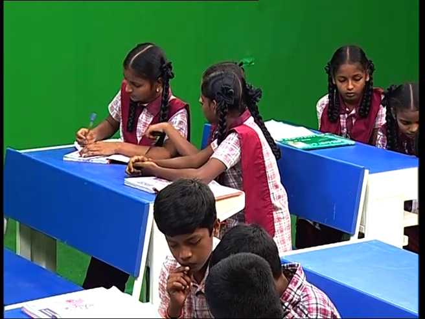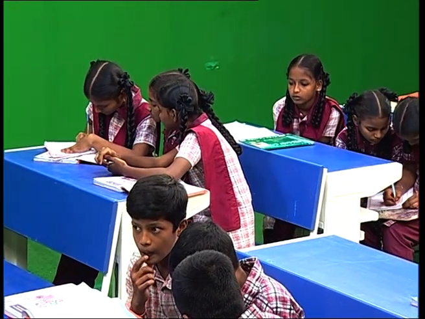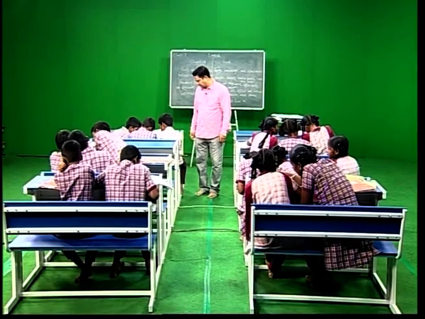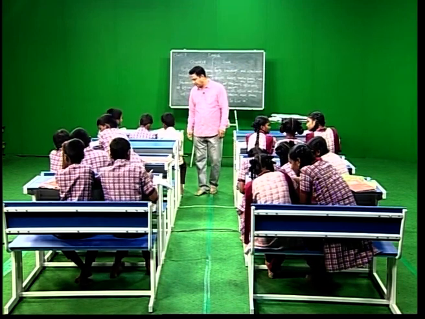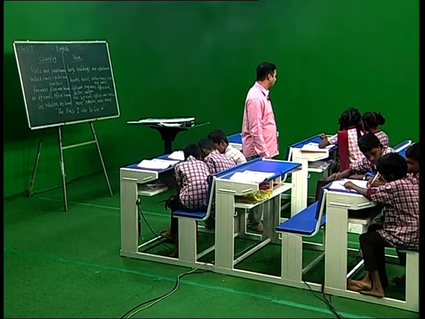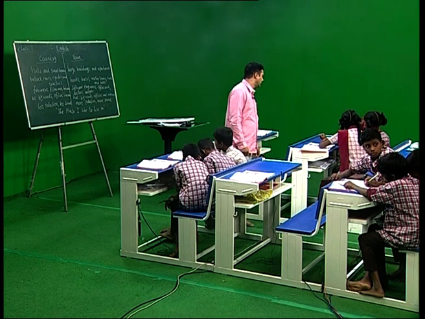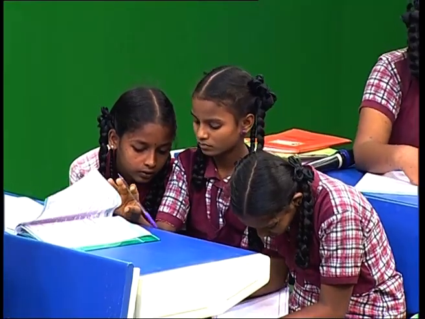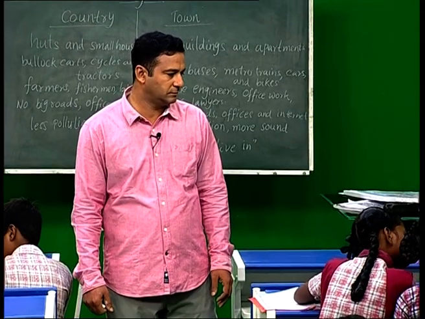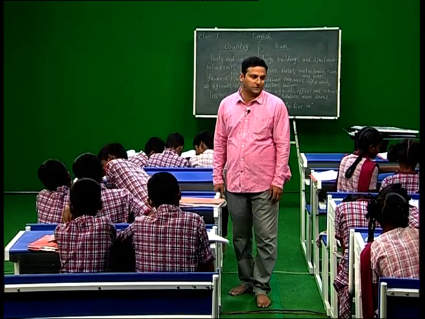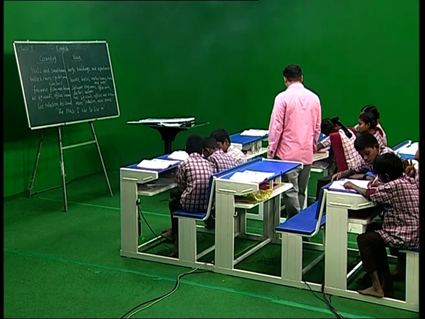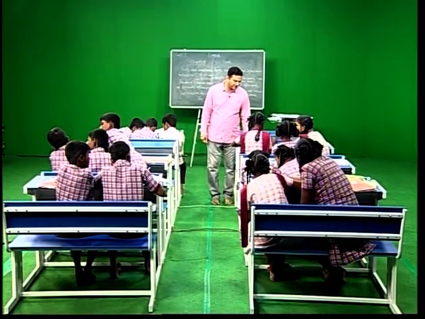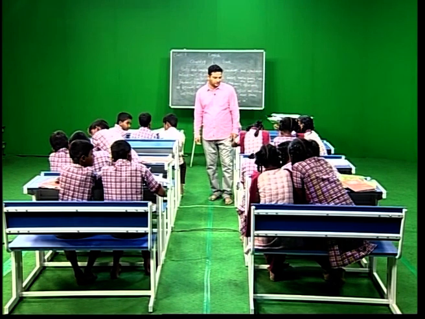Country. There are... you write one more and we'll be done. There are kinds of fields. There are... People wear jeans and t-shirts. Okay. Air pollution.